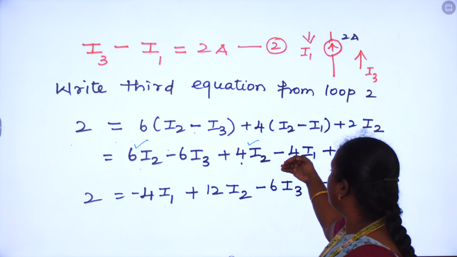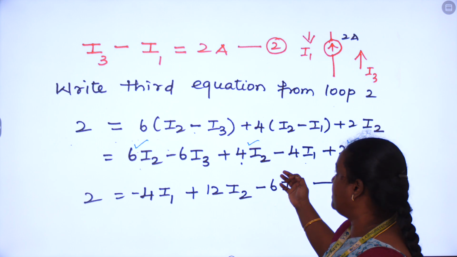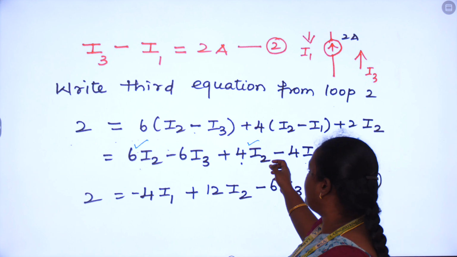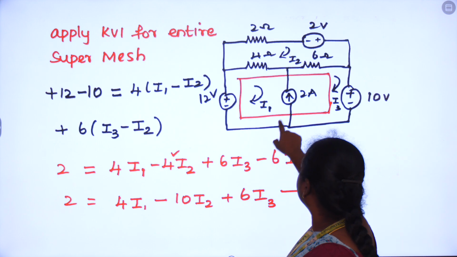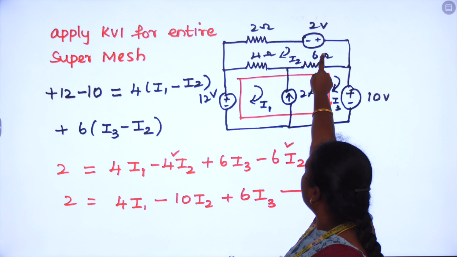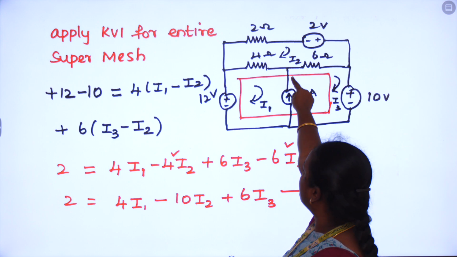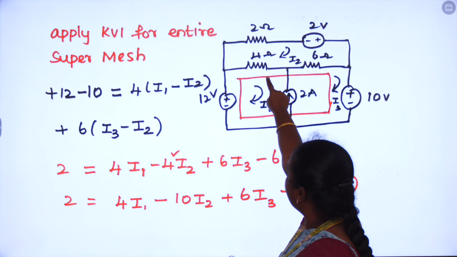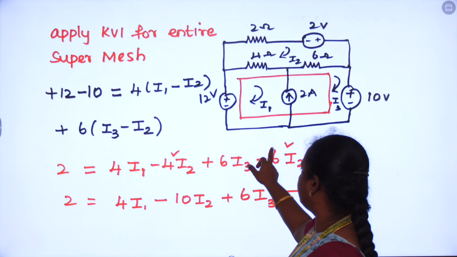And considering the third equation, that is considering loop 2, that is mesh 2, we are writing the equation. Considering this loop 2 alone, the voltage rise is nothing but 2 volt and the voltage drop is across the 2 ohm resistor, 4 ohm resistor and 6 ohm resistor.